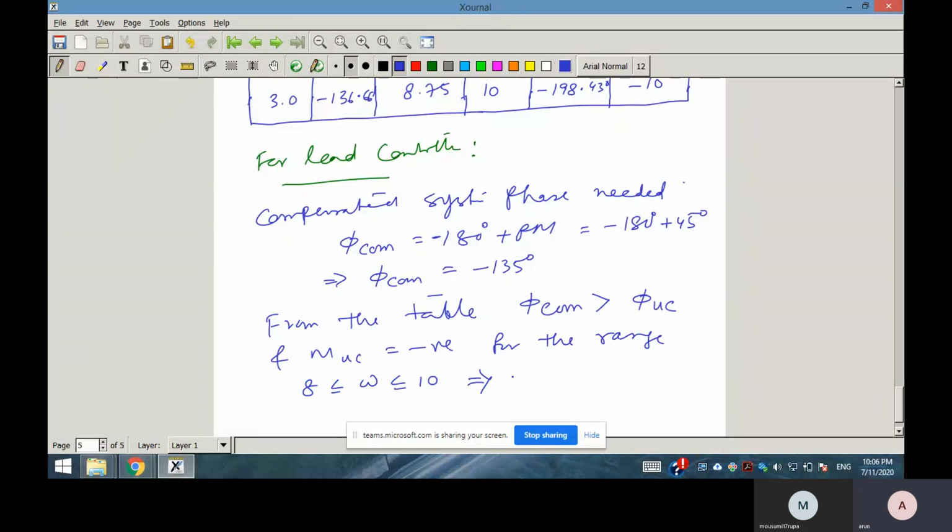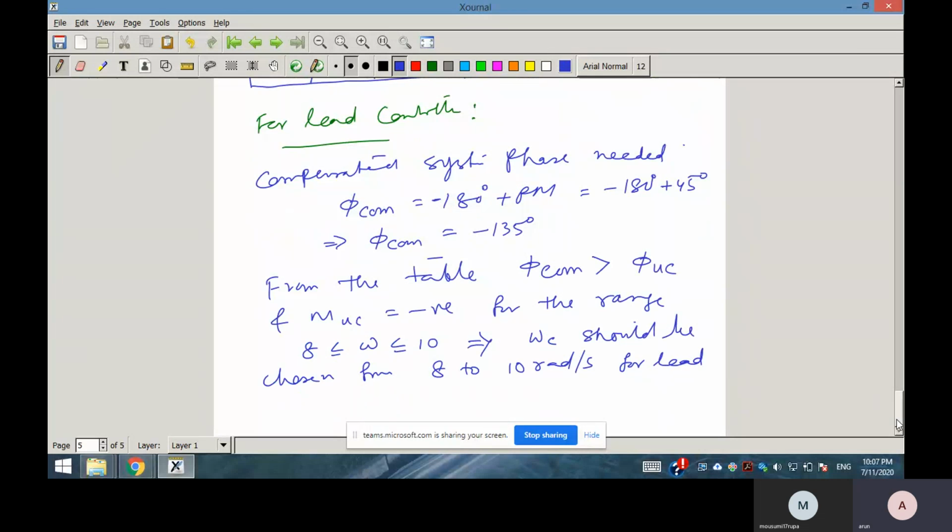So this implies omega c for lead controller design should be chosen within this range, from 8 to 10 radian per second, for lead controller design.